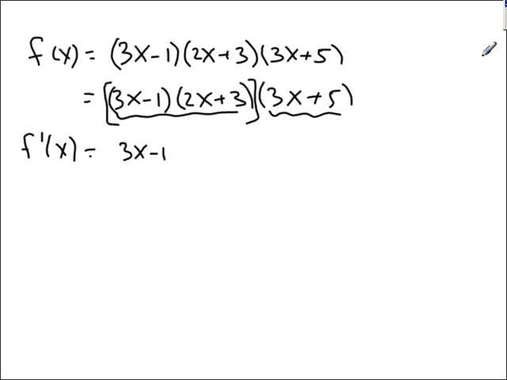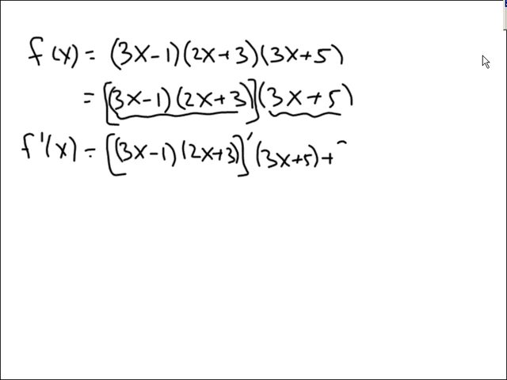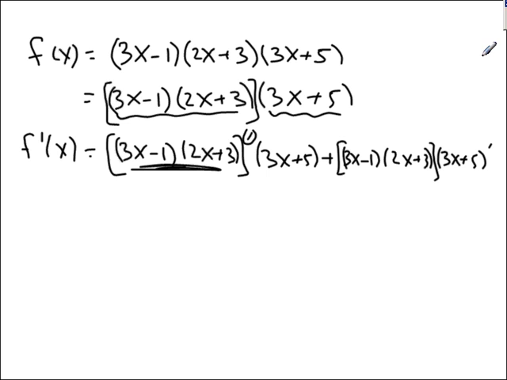It's the first function, derivative of that, times the second function, 3x plus 5, plus just the first function, 3x minus 1 times 2x plus 3, times the second function's derivative. So now we're doing the product rule. Inside the product rule, look what we have. A product rule.